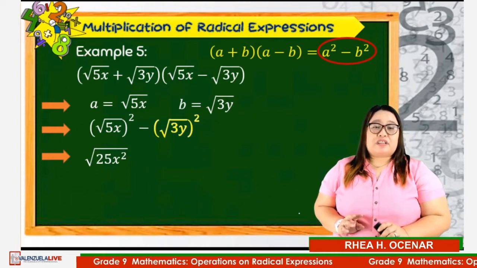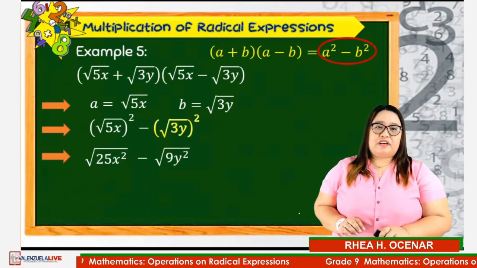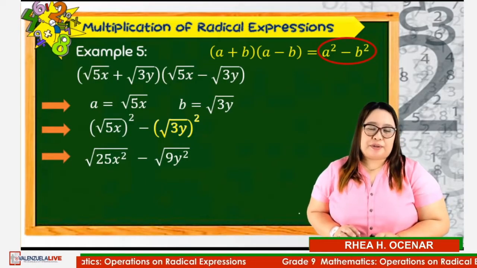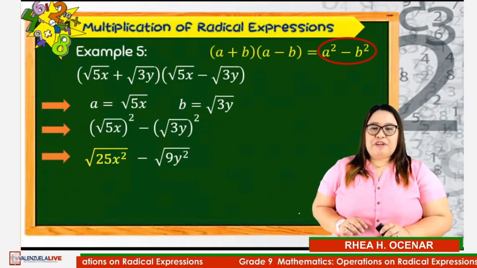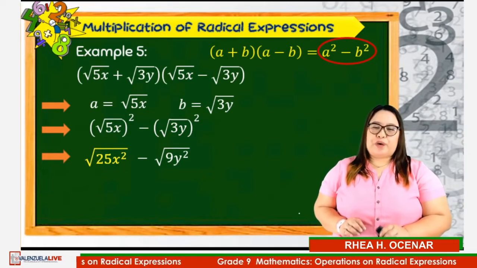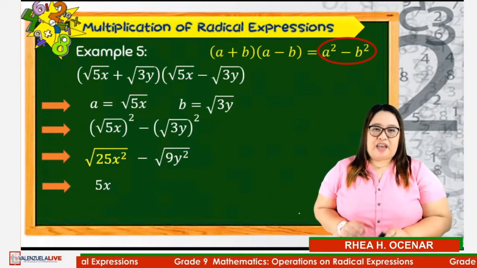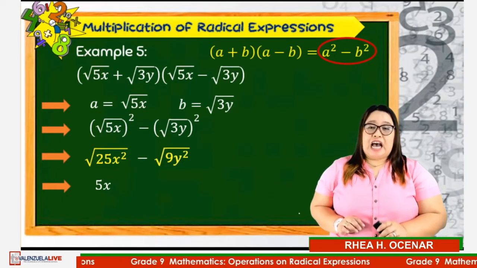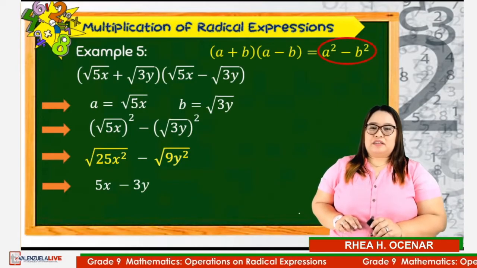Square root of 3y times square root of 3y, we have square root of 9y squared. Simplifying square root of 25x squared, we have 5x, and square root of 9y squared, we have 3y.